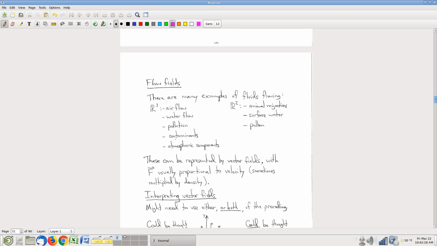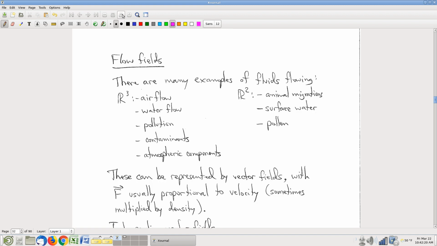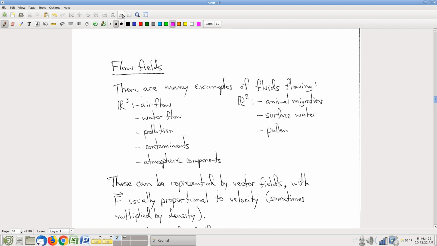Okay, here's another one, also very important. How do we represent flows of fluids? I'm going to call these flow fields. So, vector fields whose purpose is to represent the flow of a certain kind of fluid. There are lots of situations in the physical world where there are fluids flowing around. In this room, the air is flowing, right? I hear the air conditioning run somewhere, and I'm talking, and y'all are inhaling and exhaling.